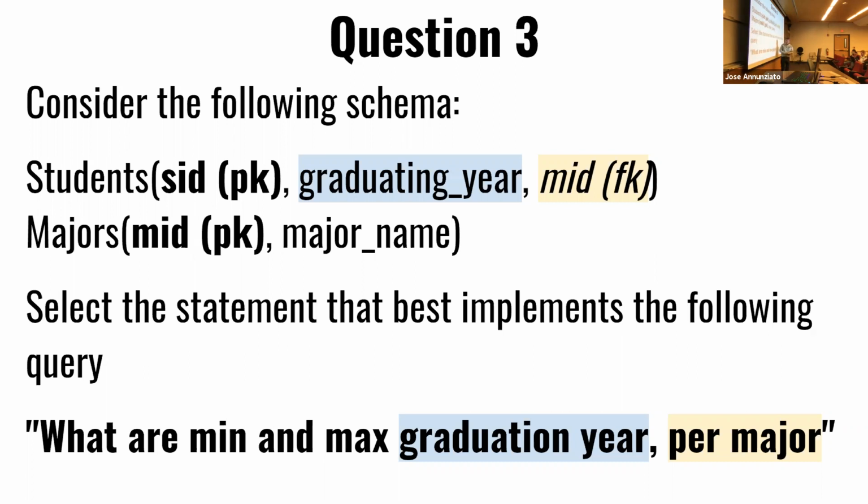And so it's asking us, what are the min and max graduation year? And the year, notice, is in the student table, per major. Again, the major appears in two places. It appears as the primary key in the majors table, and also as a foreign key in the students table.